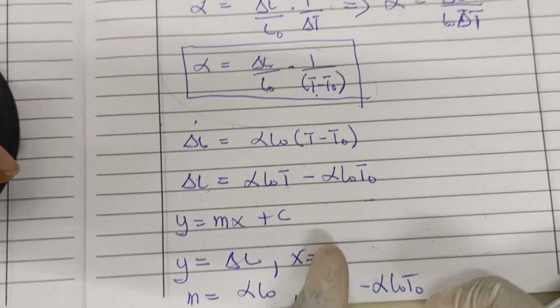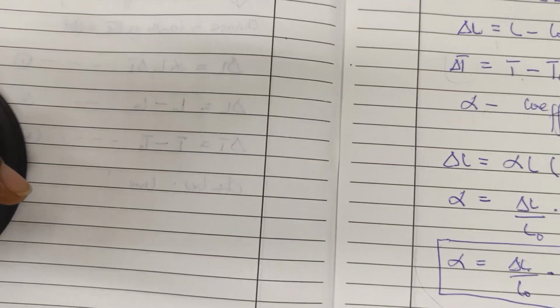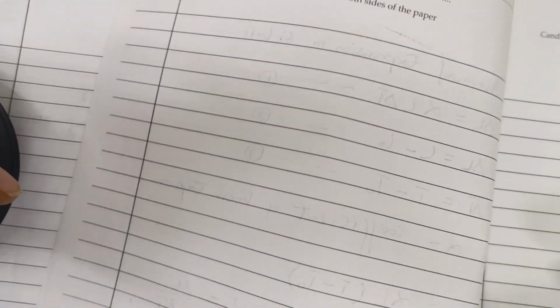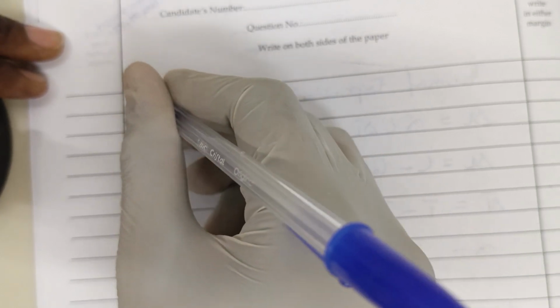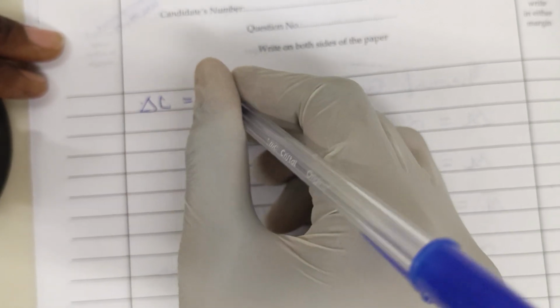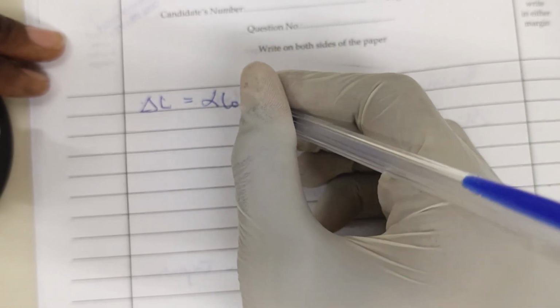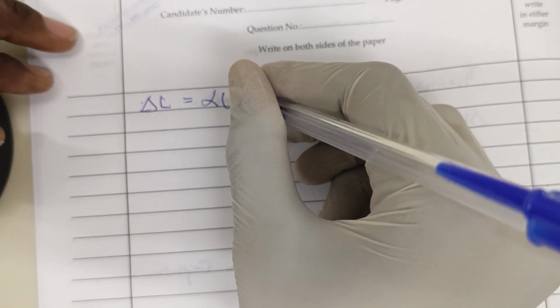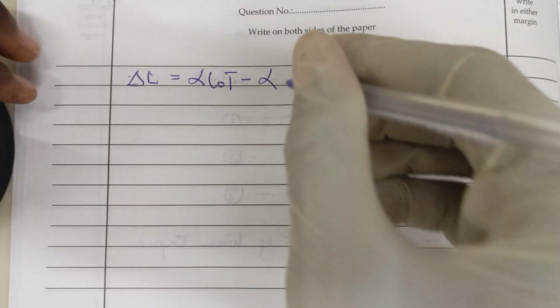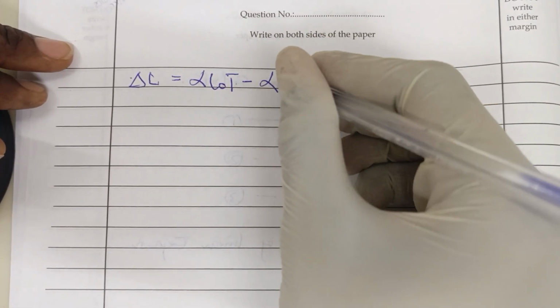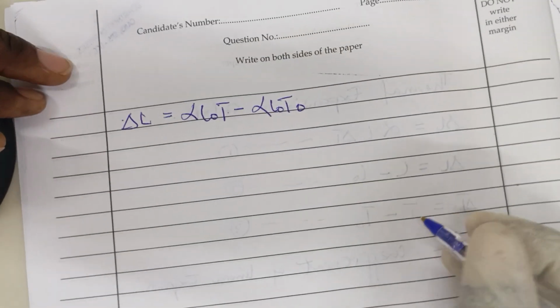With this, we are expected to get a graph. Let me rewrite the equation here. We have change in L equals the coefficient of linear expansion times L naught times T, minus the coefficient times L naught times T naught.